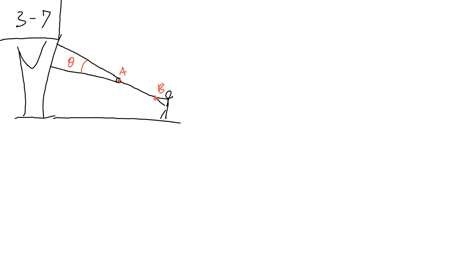They're calling this point here C, this point here D. And they tell us that these two parallel lines here, this one is 20, right here it's 30.